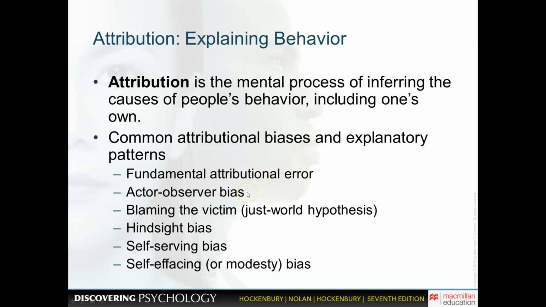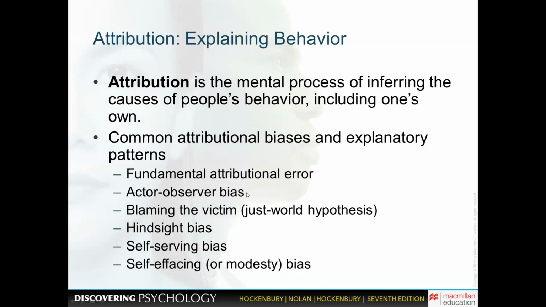The second bias is what's called actor-observer bias. That's when we attribute our own behavior to external situational characteristics, while we ignore or underestimate the effects of our internal personal factors.